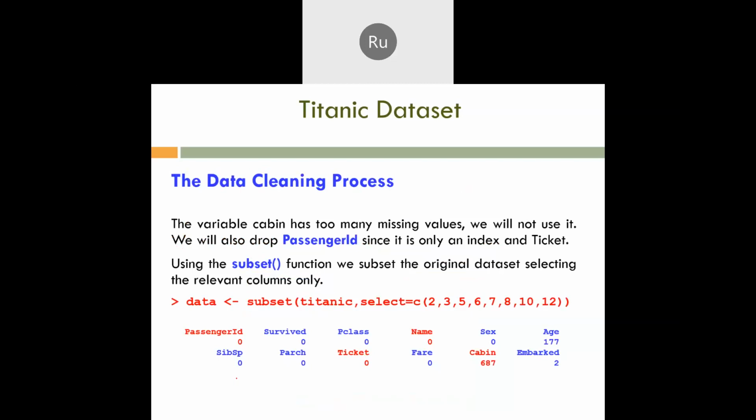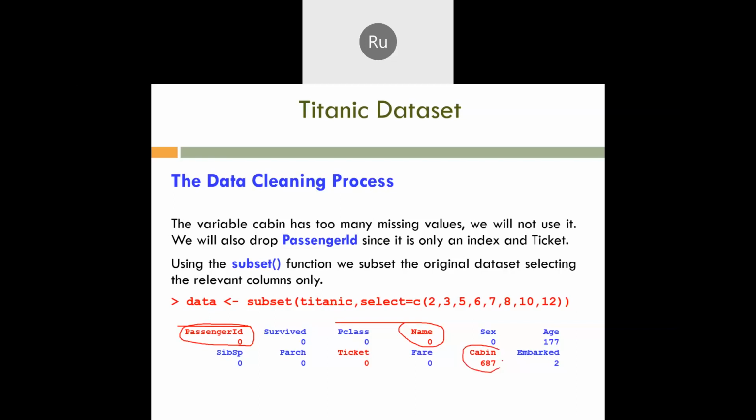So what do we do? Okay, we remove this because this has nothing to do with the probability of survival or not survival. Okay, we also remove the name because the name has nothing to do with the survival of the person.